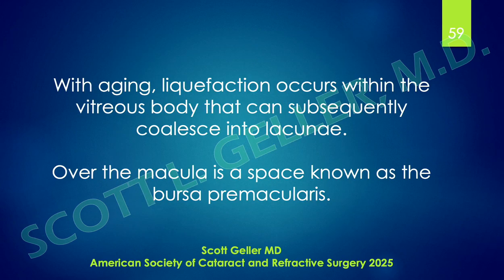So, with aging, liquefaction occurs within the vitreous body, and that liquefaction subsequently coalesces into the lacunae. And there's a space, by the way, over the macula called the bursa premacularis. And this is an important thing to know because there are patients out there with floaters in this area. And I will go into how you can find them and diagnose them properly.